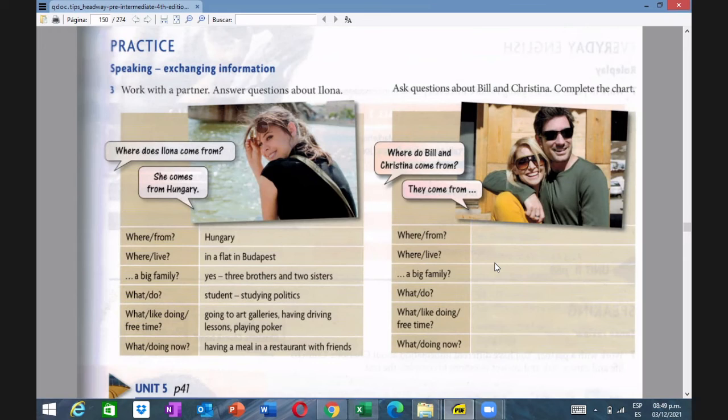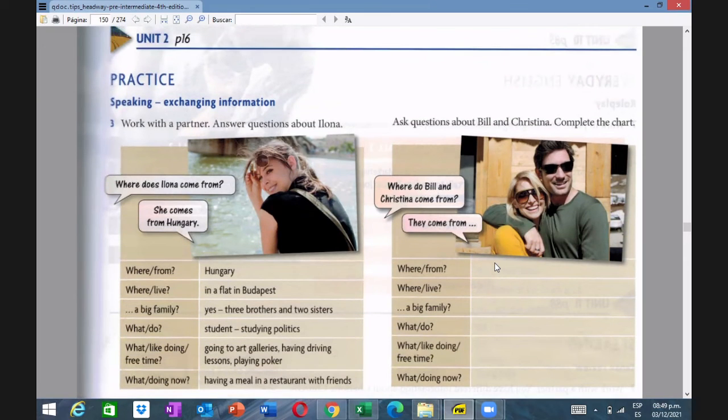We have to talk about Bill and Christina. What's your first question, group A? Where do Bill and Christina come from? Repeat your question, please. Where do Bill and Christina come from?